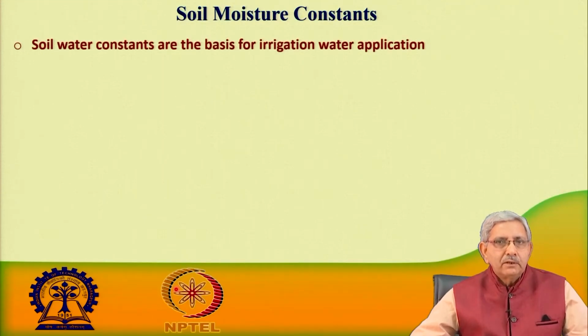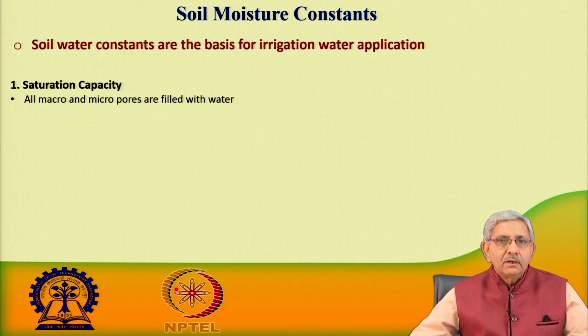So, depending on these aspects of the soil water content, the movement of water takes place. Now, soil water constants are the basis for irrigation water application.